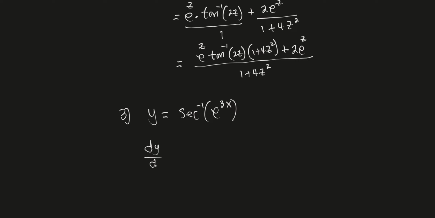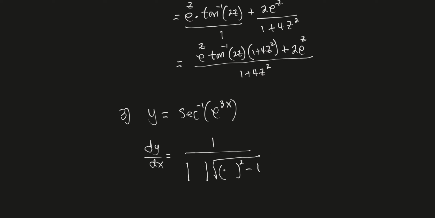So dy dx is, so now we have to remember our special rule for differentiating arcsecant. Well, it's 1 over the absolute value of something times the square root of something squared minus 1. So these are just placeholders.